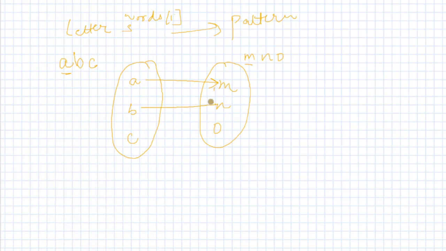B is being mapped with N and C is being mapped with O. Each one of them follows a bijection. Now let's say this was also M and there was no O. In that case, it would be like this. This means the pattern is not being followed, or something was different here. That's what they wanted to tell: you have to follow a particular pattern.